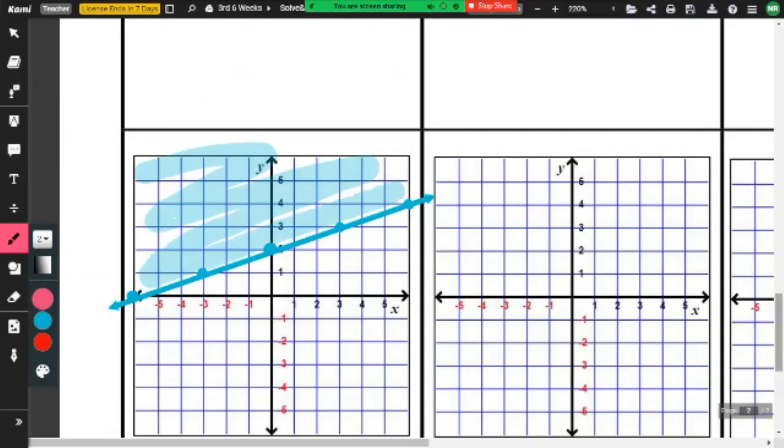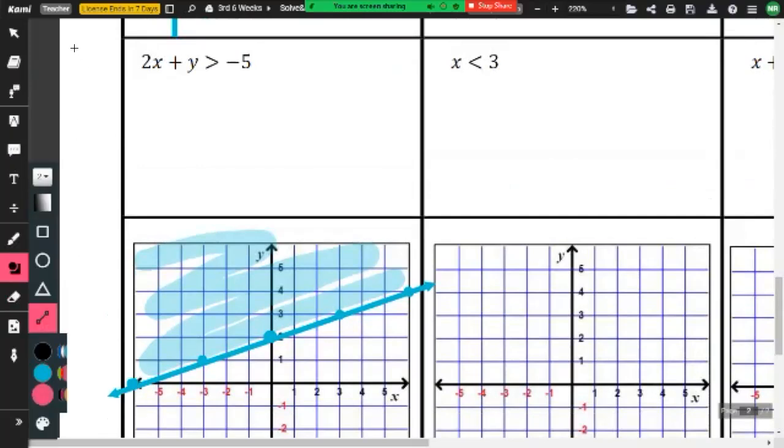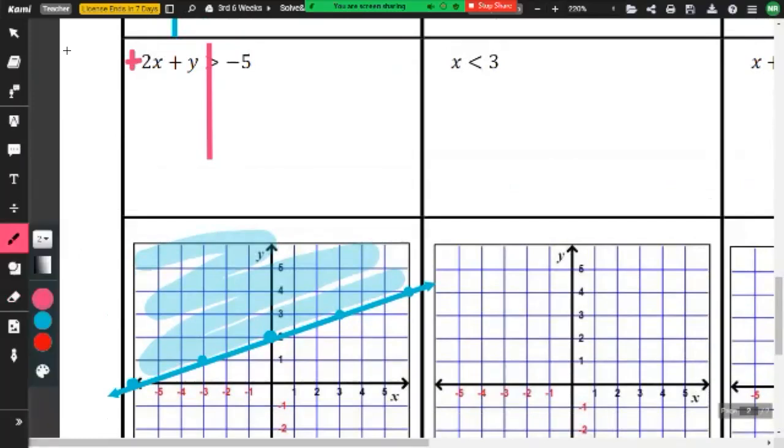Next one. We do have to solve. Y is not by itself, so I'm going to draw that line. Opposite of a +2x is minus 2x. So you bring down your y, -2x minus 5.